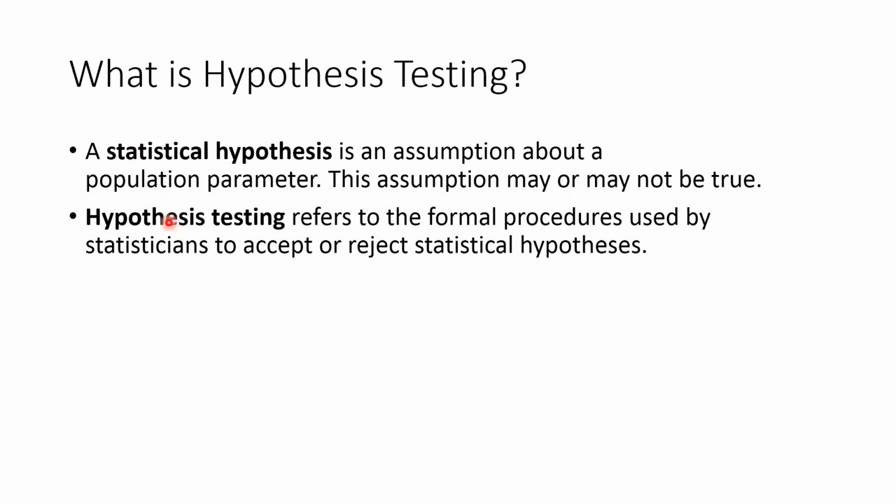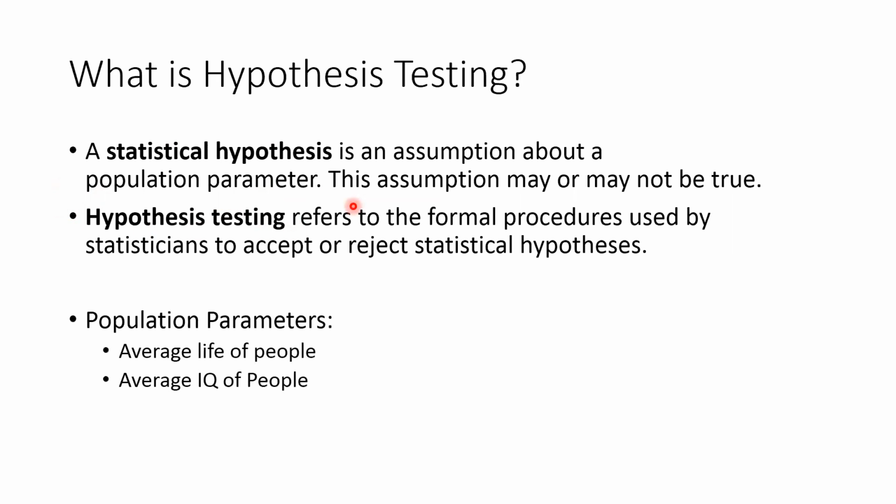So for testing the validity of that population parameter, we will be using hypothesis testing. These are some of the population parameters, like average lifespan of people or average IQ of people in a country.